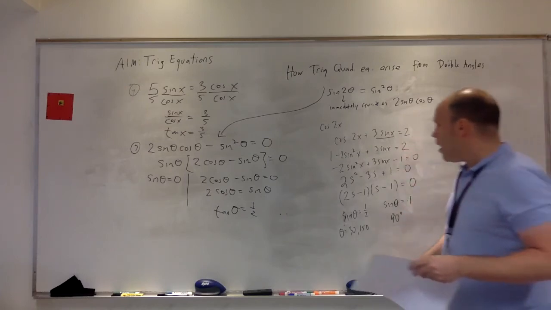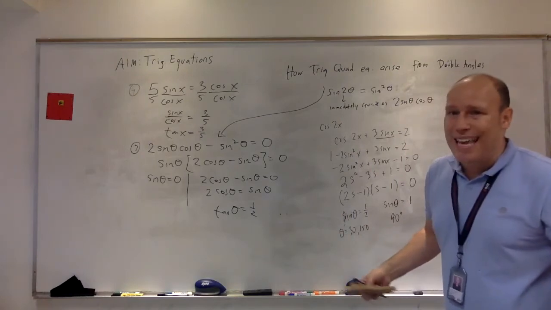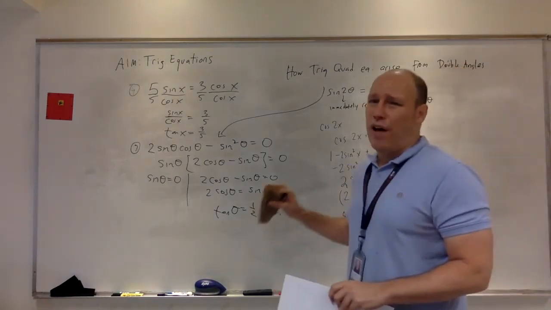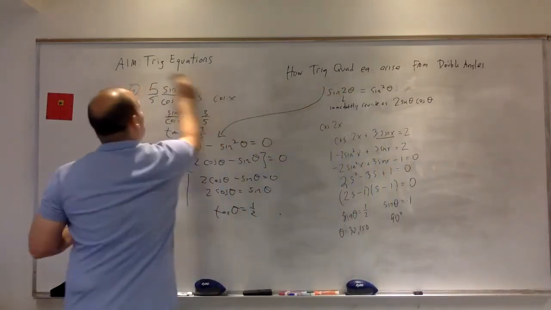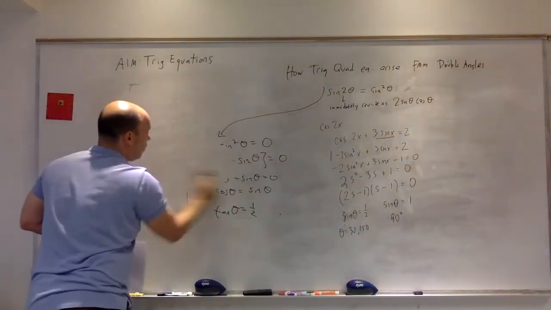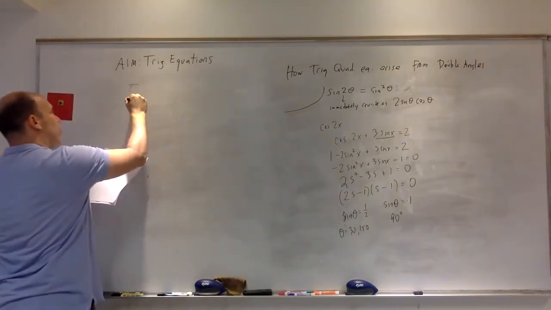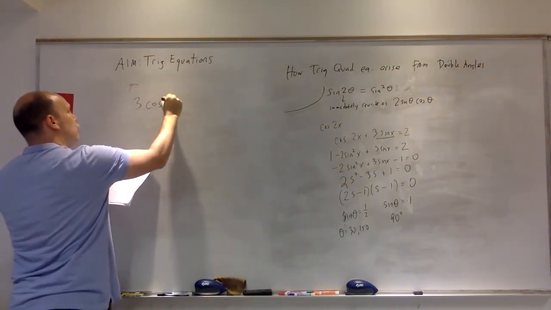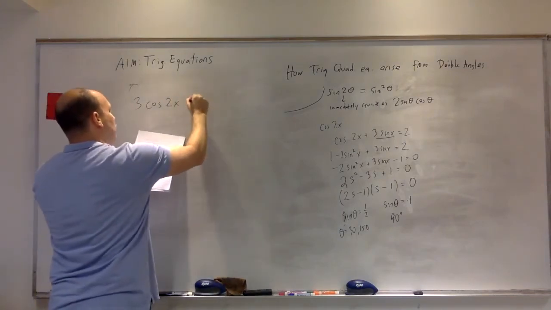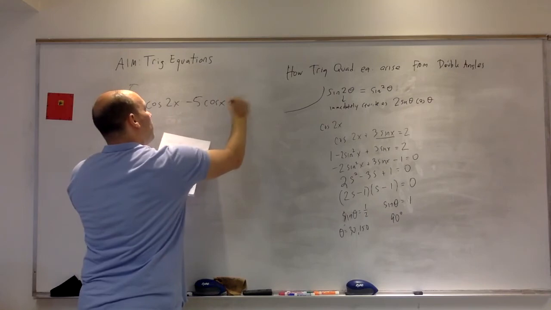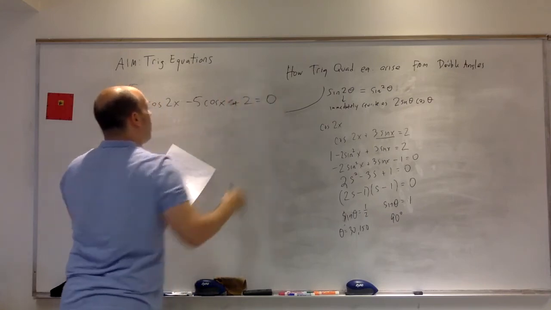Let's look at another example when we see cosine of 2x in an equation. It might show up, and you can always solve this in the calculator. Let's do the last example, and then we're done with the video. We have 3 cosine 2x minus 5 cosine of x plus 2 equals 0.